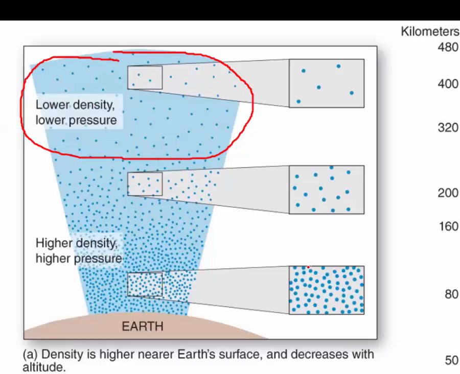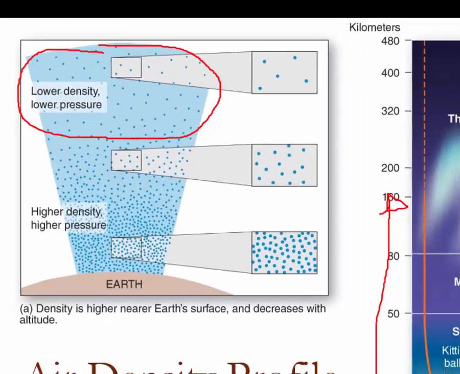Closer to the Earth, the air molecules are much closer together. They are drawn down like everything else by gravity, and they're sort of smashed together. So as you go up in elevation, further into the higher reaches of the atmosphere, the air pressure is lower and lower.